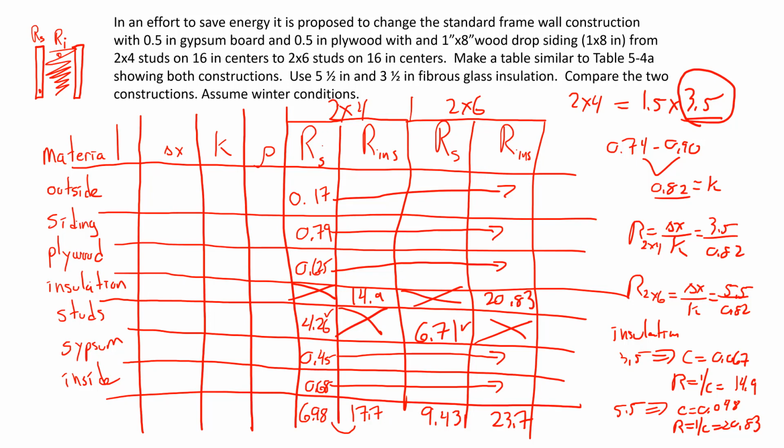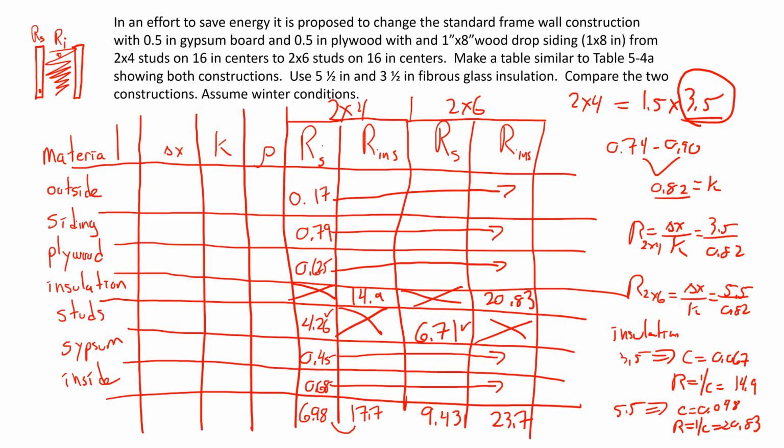So it'd be outside, siding, plywood, stud, gypsum, inside. And then what I'll do is add these two in parallel to get my total resistance. These two circuits are equal, these two circuit designs. This is scenario 1, this is scenario 2. 1 and 2 give the same R total.